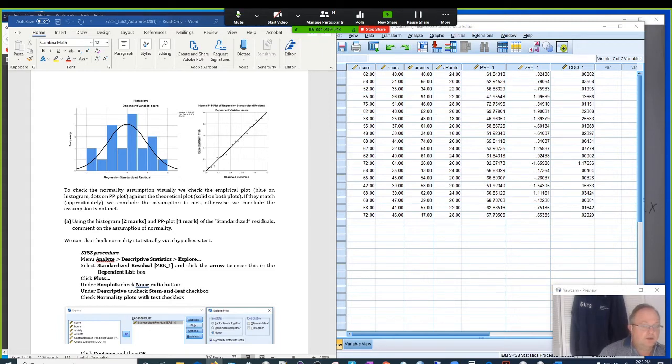So what's the comment? Use the histogram and the PP plot of the standardized residuals. Comment on the assumption of normality. So what would your assumption of normality be? We've got a close empirical plot, with the assumption visually checked, and a theoretical plot.